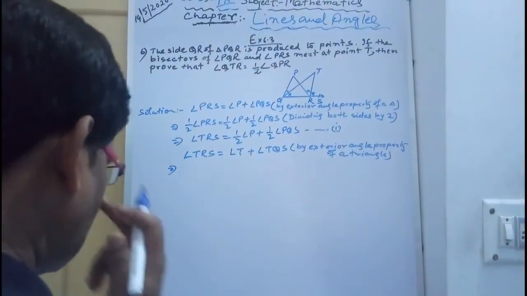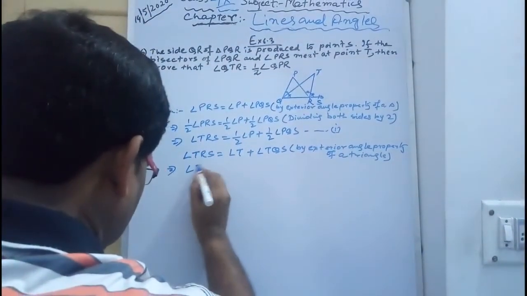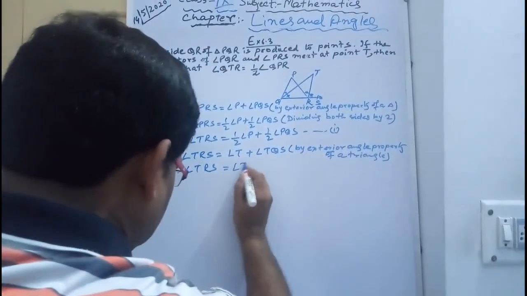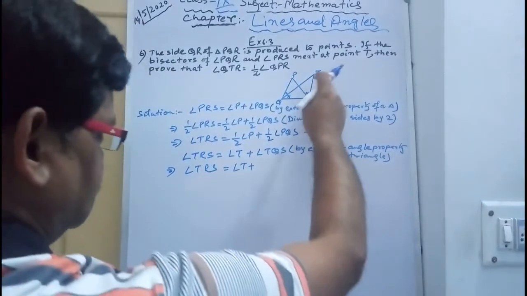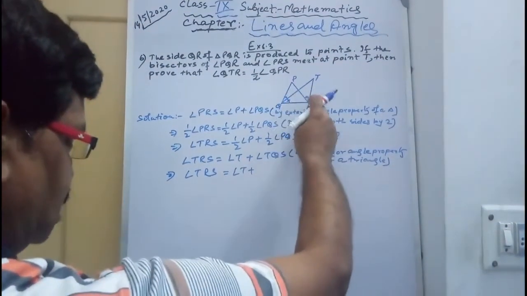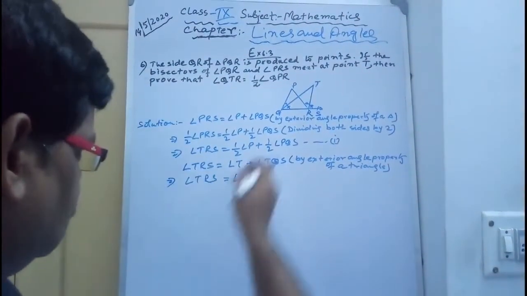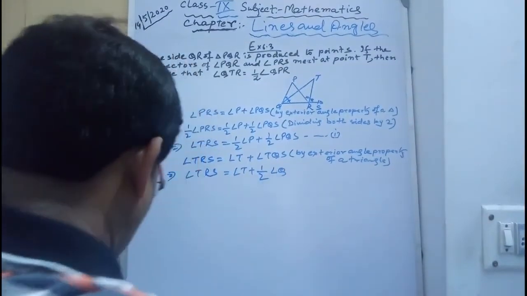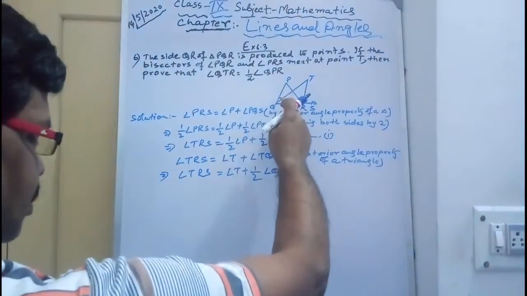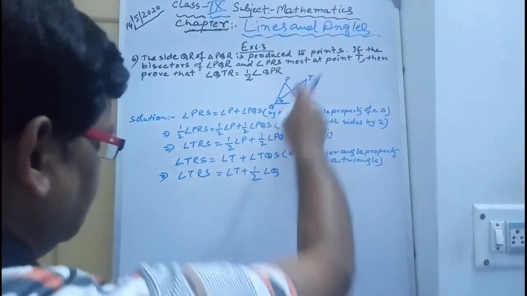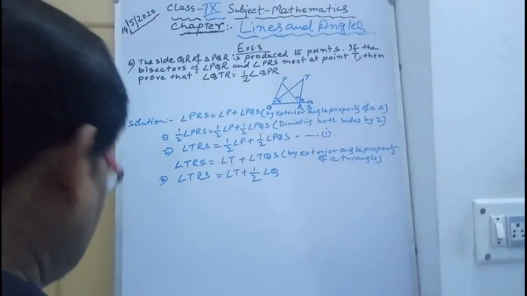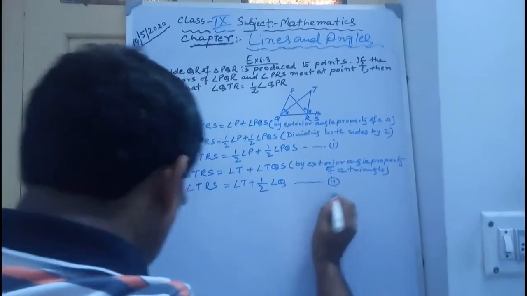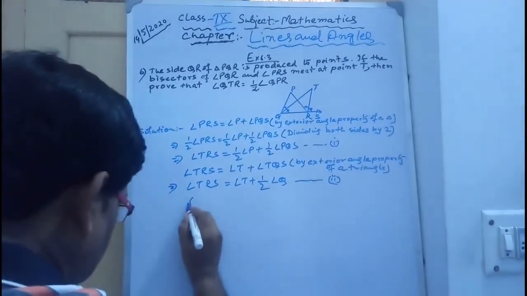So angle TRS equals angle T plus TQS. TQS is half of angle Q, because TQ is the bisector of that angle. So write that one, Roman 2.